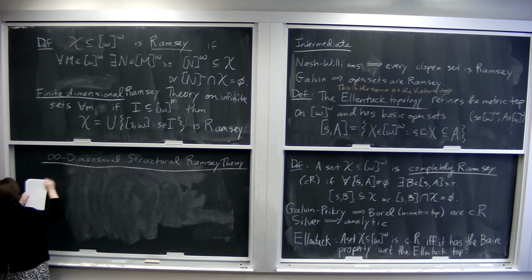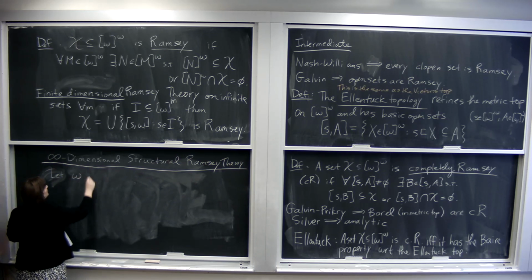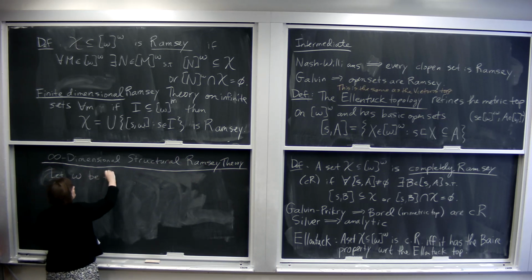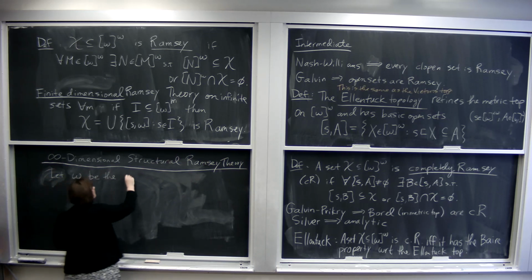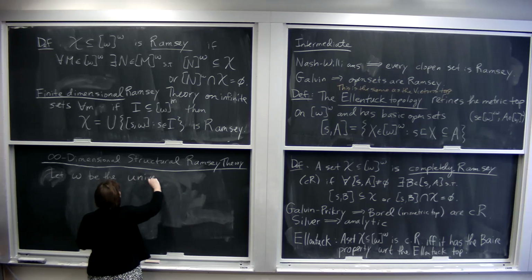Okay, so K is a Fraïssé class, big K is its Fraïssé limit. Let's let the natural numbers be the universe of K.